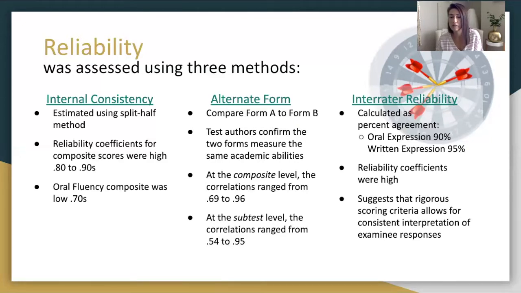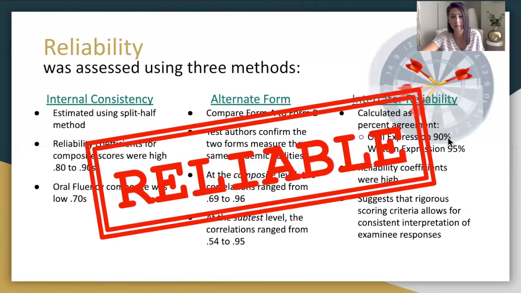Again, these reliability coefficients were pretty high, as they're very close to 1. Overall, it suggests that there is very substantial criteria to compare scores when examinees are cross-referencing these. So overall, the assessment is reliable.